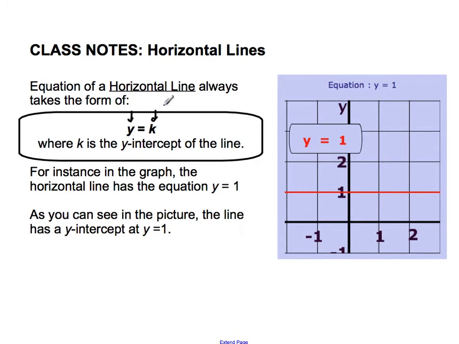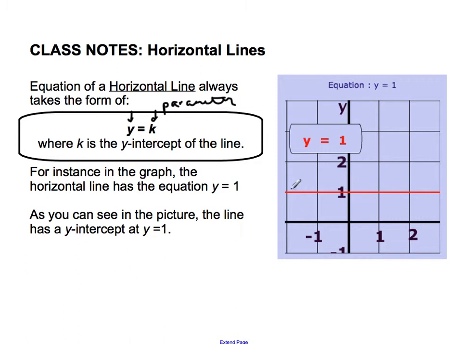This is your parameter. This one's going to change. It is going to be a number, and you don't get an equation just with y = k. You need a number in there. That k is going to be the y-intercept of your line.